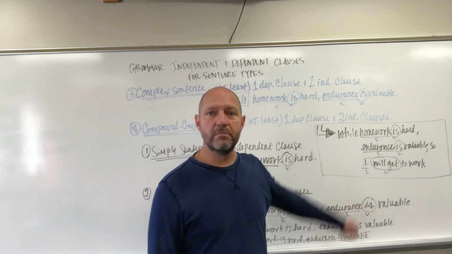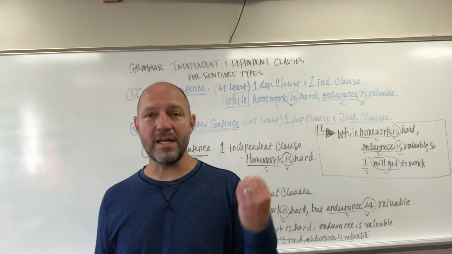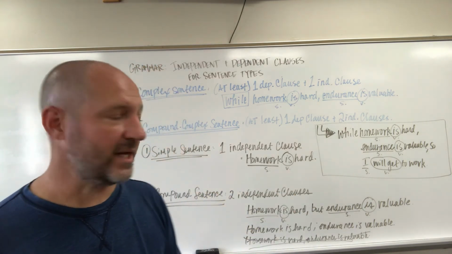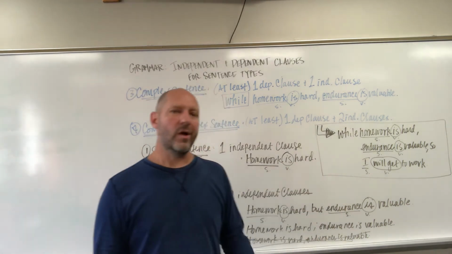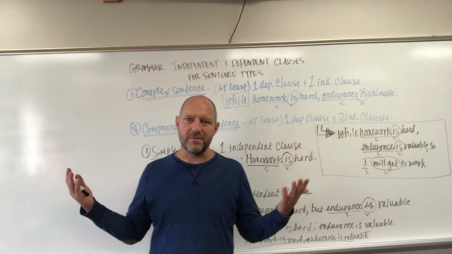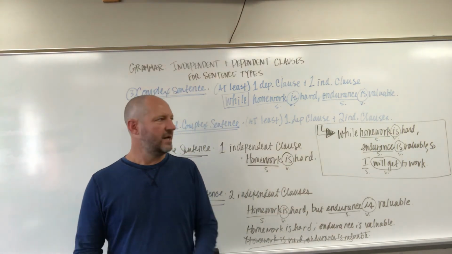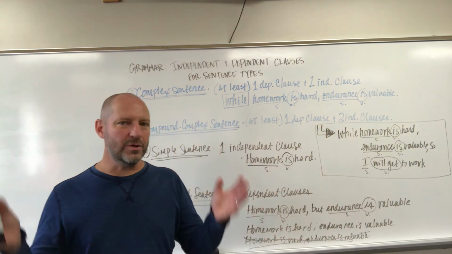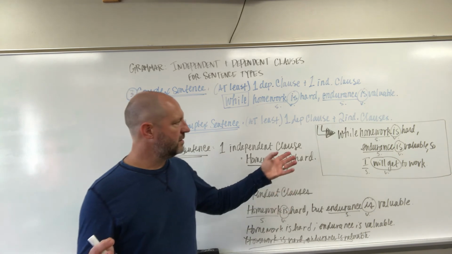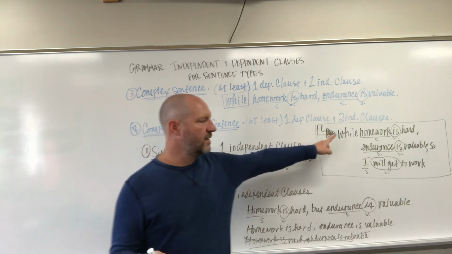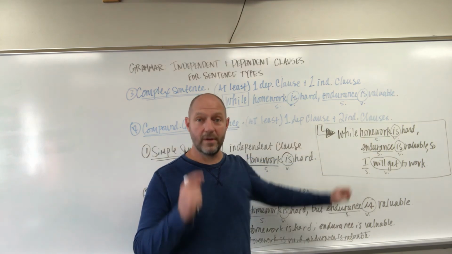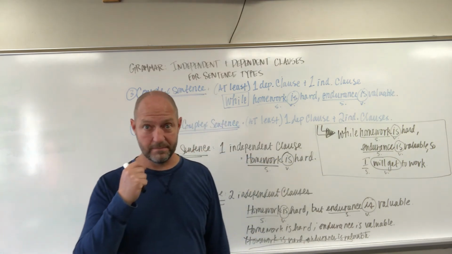I will get to work. That is a sentence, independent clause on its own. It can stand alone and it can make sense. So all three of these. So while homework is hard, endurance is valuable, so I'll get to work. That, my friends, is a single sentence, but that single sentence contains a dependent clause, an independent clause, and another independent clause.